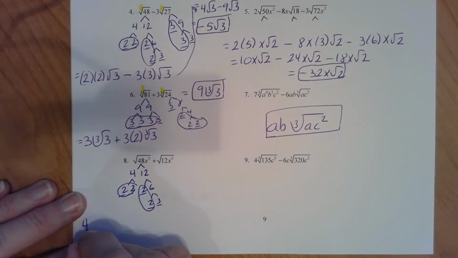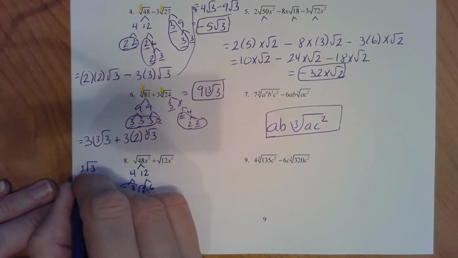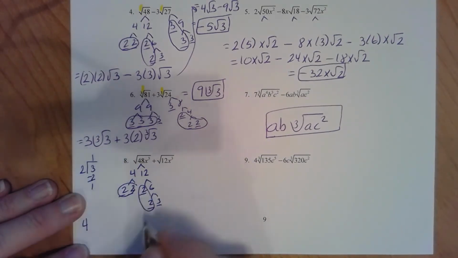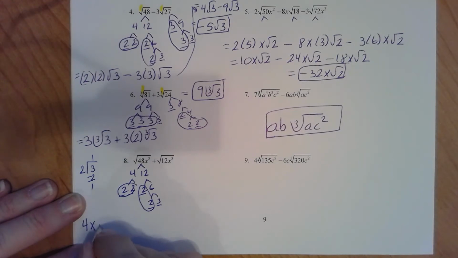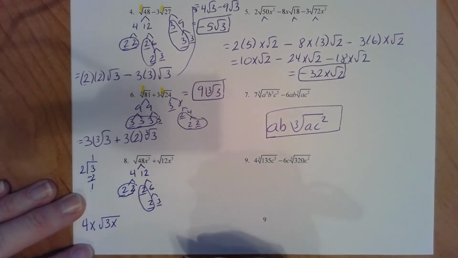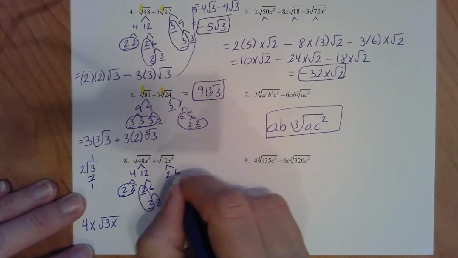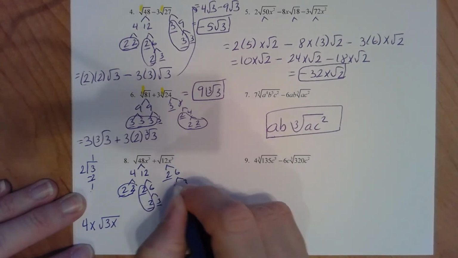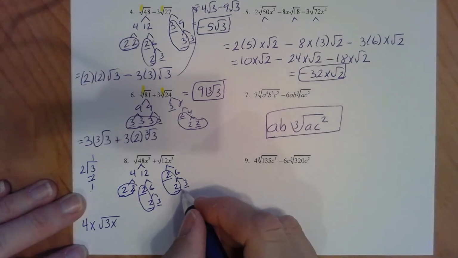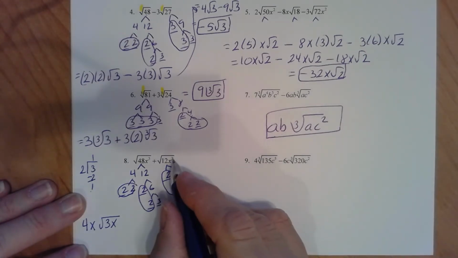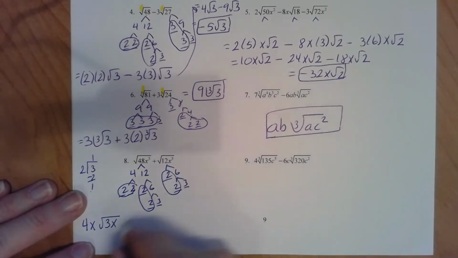So if 4 comes out with our power divided by index, that means it goes one time with the remainder of 1. So one of the x's comes out, the 3 is left underneath, and 1 x is left underneath. On the 12, we have 2 times 6, and 6 is 2 times 3. So again, we have a pair of 2's, and a 3 is going to be left underneath. Power divided by index does the same thing.